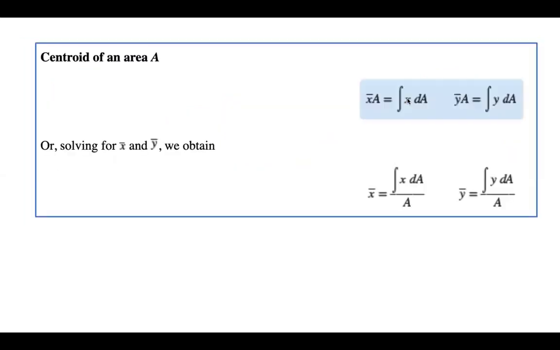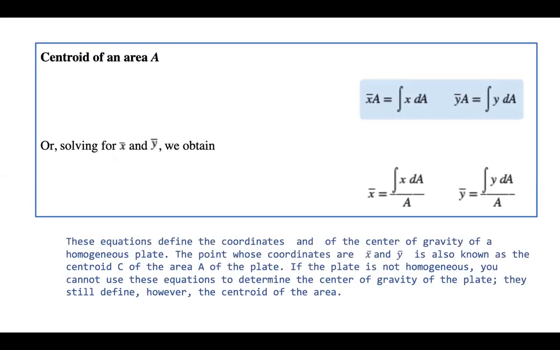So the centroid of an area A, in summary, these two equations are what it is necessary to know. As previously shown, similarly with the center of mass or center of gravity, you only need to know one of these equations in order to know the other one.